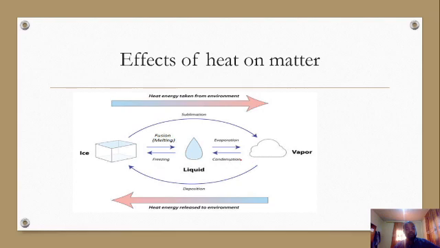If you cool the vapor, which is the gas, it becomes liquid. If you freeze the liquid, it becomes solid. Sublimation is direct change from solid to gas. Deposition is direct change from gas to solid.